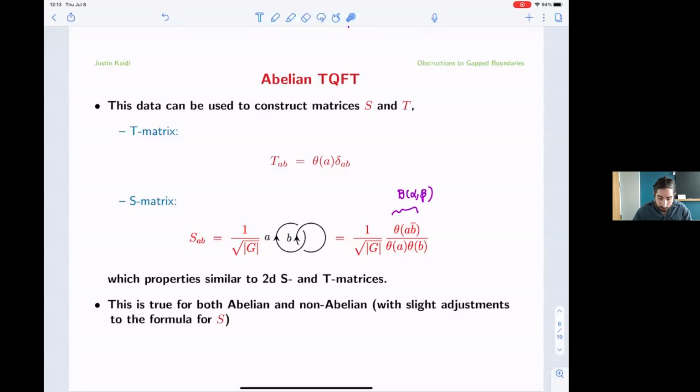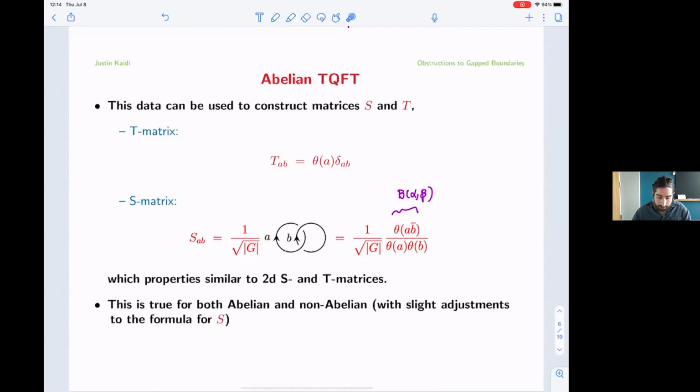Great. Okay, so we've defined S and T in this way, and the point of defining these things is that they actually have properties which are almost identical to the 2D S and T matrices. There's a slight normalization issue with the T here, but this S and T matrix here forms the so-called modular data. Okay, great.